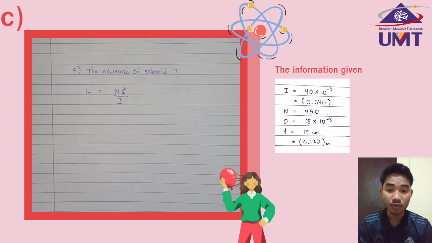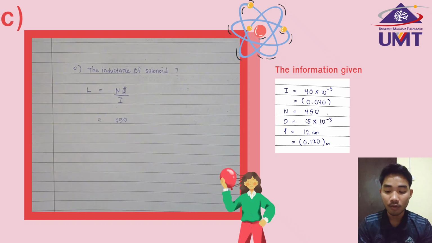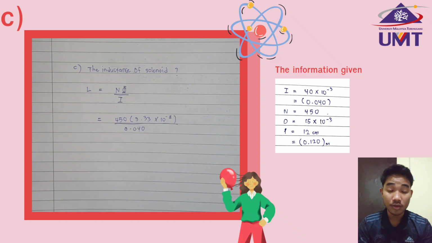So substitute the values. N, number of turns, 450, times phi, the magnetic flux that we calculated, which is 3.33 times 10 to the negative 8, divided by I, the current, which is 0.040.